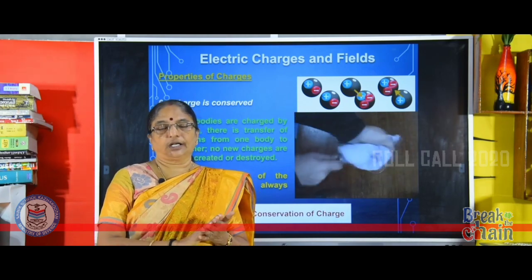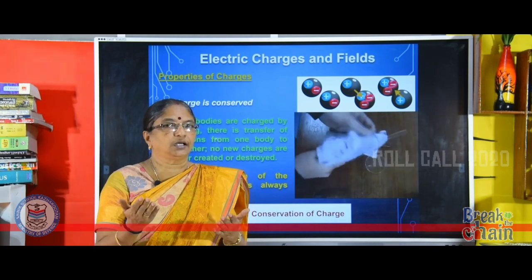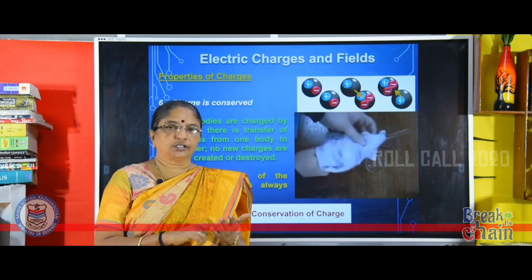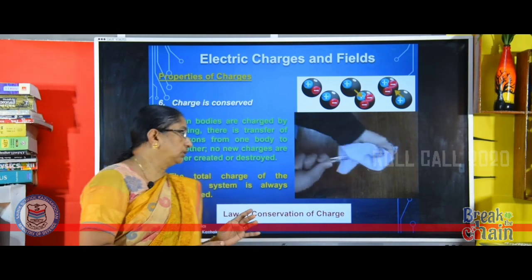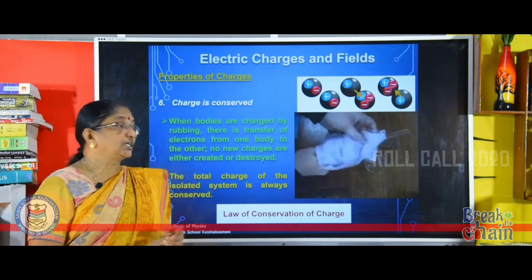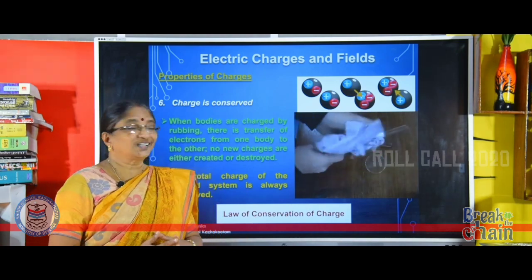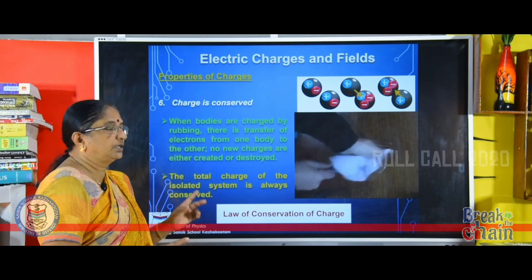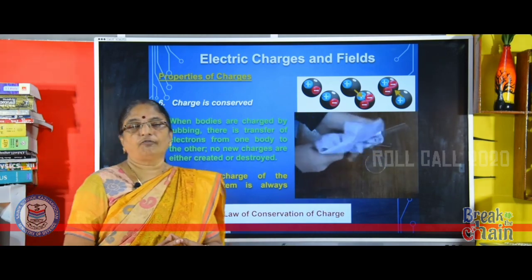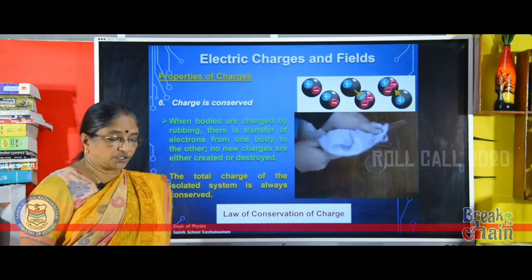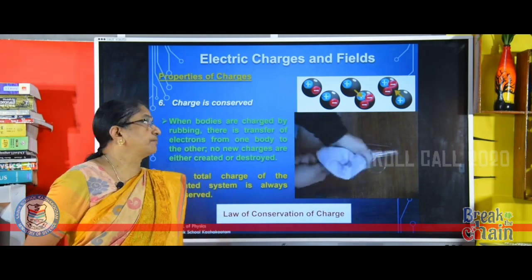If 2 electrons are transferred from the glass to the silk, the silk is gaining 2 electrons but the glass is losing 2 electrons, so that the total charge of the system is conserved. That property is known as the law of conservation of charge. That means the total charge of an isolated system is always constant, which is an important property of charge.